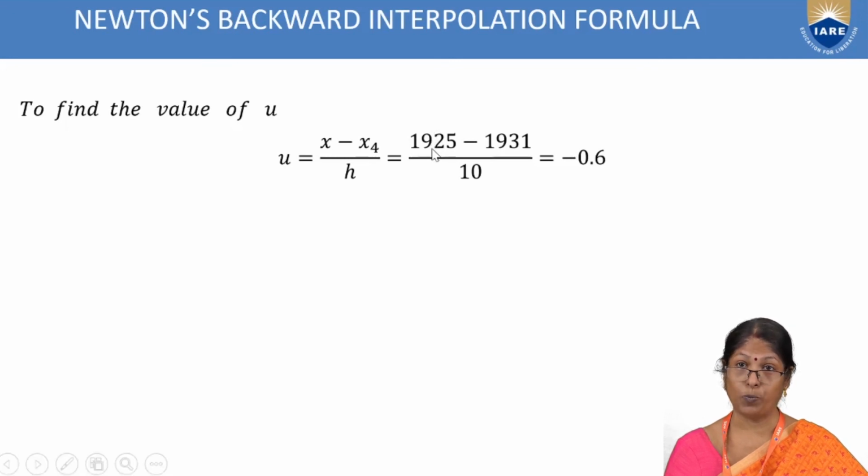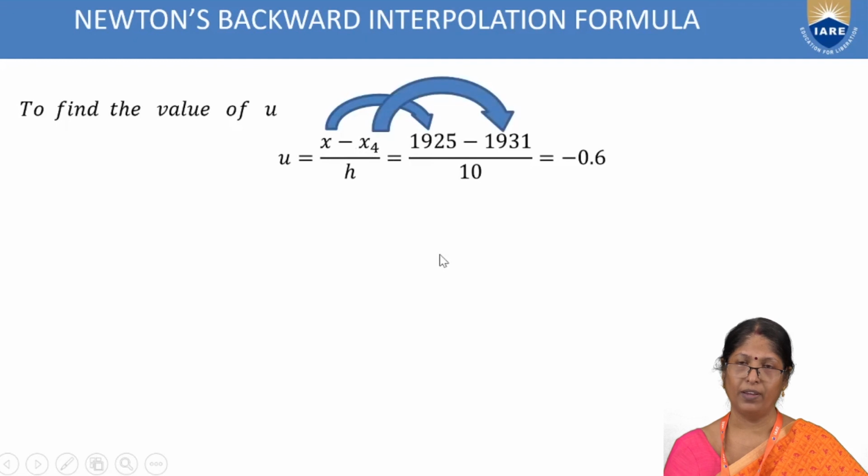That is the x point. So 1925, and x4, the last data under x, is 1931. H is the difference between the x points, that is 10. So x is 1925, x4 is 1931, h is 10. We calculated the value as minus 0.6.